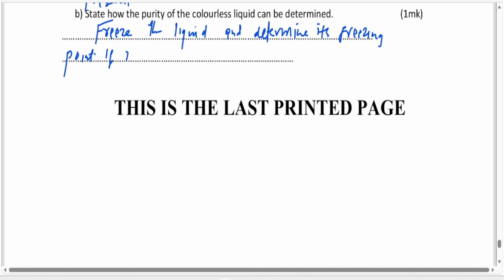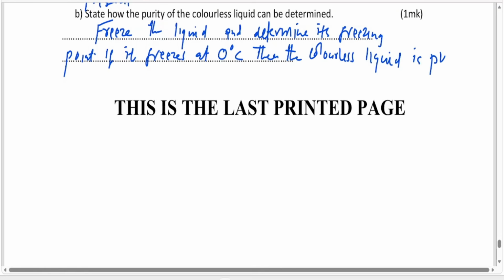If it freezes at 0 degrees Celsius, then the colorless liquid is pure. You can still do the one for boiling. If it boils at 100 degrees Celsius, then it is pure.